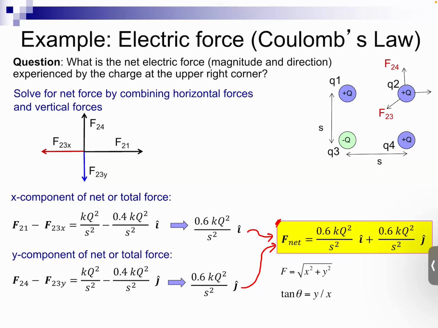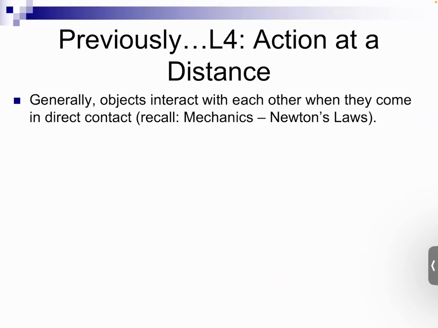So we've seen here a charge can exert a force on another charge, even without touching each other. The demonstration yesterday with the balloon attracting the can, causing it to move, is a classic example of what we call action at a distance, because normally we know that if I push on an object or I pull on an object, I have direct contact on the object, causing that object to move.